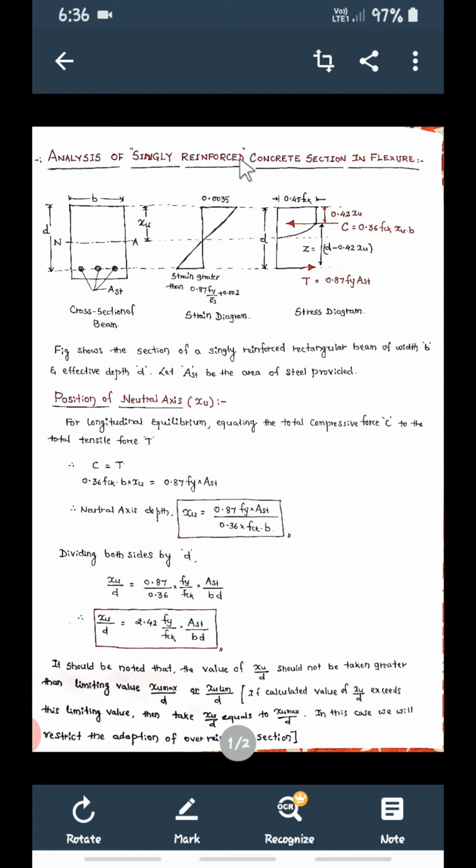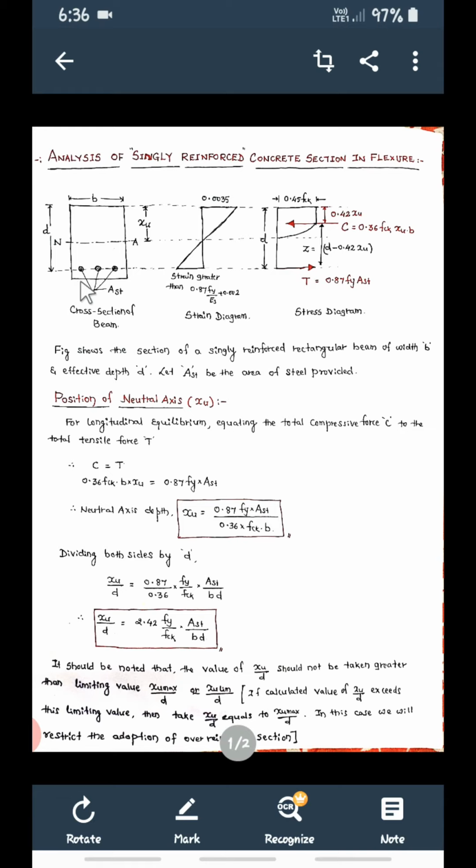Singly means, as the name indicates, the steel bars or the reinforcement will be provided only in the tension side. Now see, if you consider the cross section of the beam, this is the width of the beam, and this is the total depth, capital D, from here to here, the bottom of the beam section.